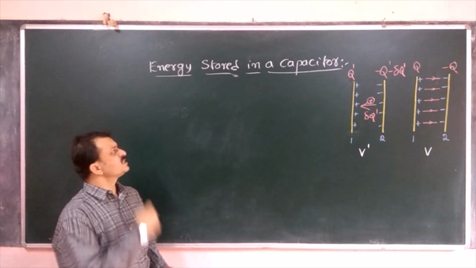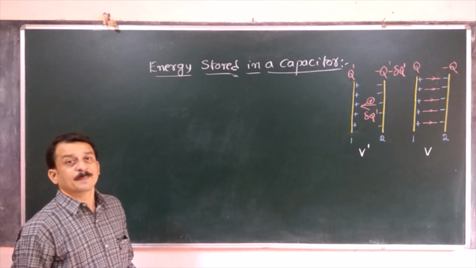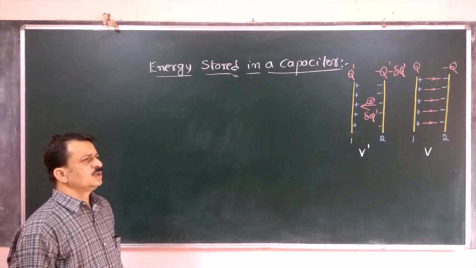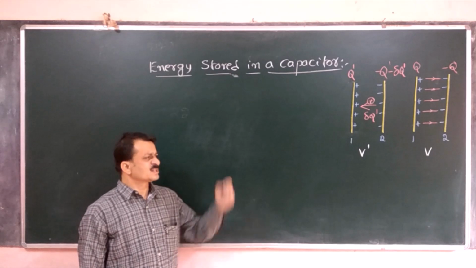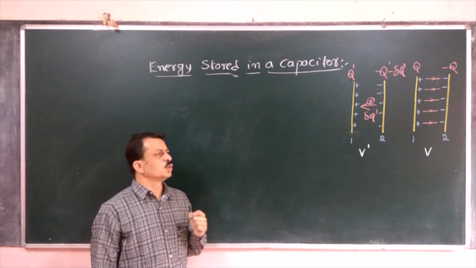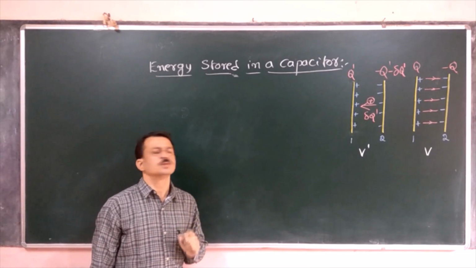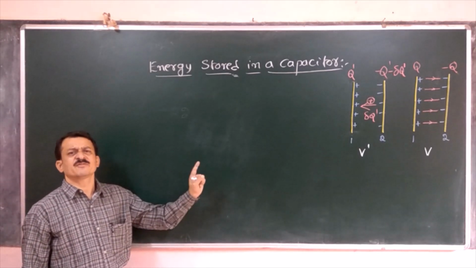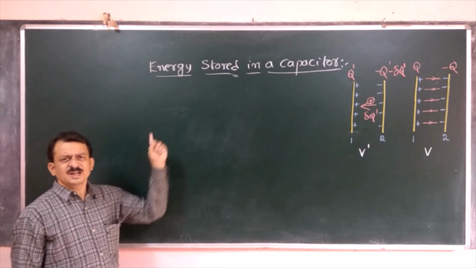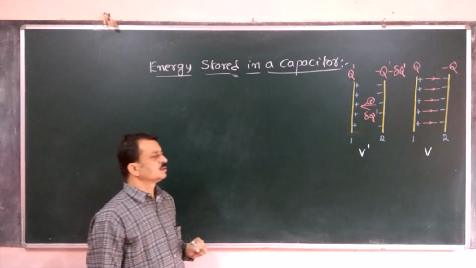Now, energy stored in a capacitor. A capacitor has two conductors, one with positive charge plus Q and another with negative charge minus Q. Charges are transferred from one conductor to the other.